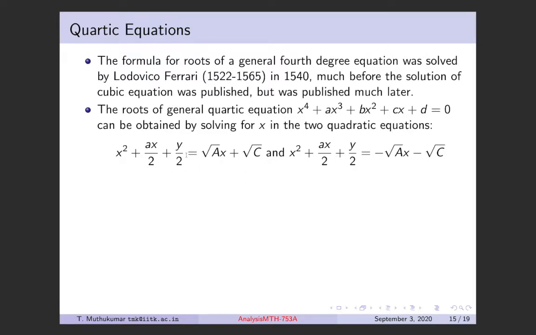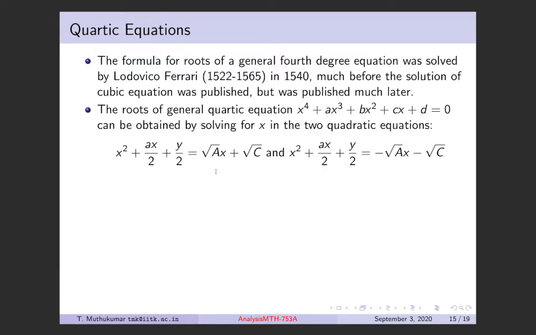You have two roots from here, two roots from here, so you have four roots for the original equation. And in this quadratic equation, you have what is called a capital A and a capital C and this y. The little a is just the coefficient of x cube from the equation.